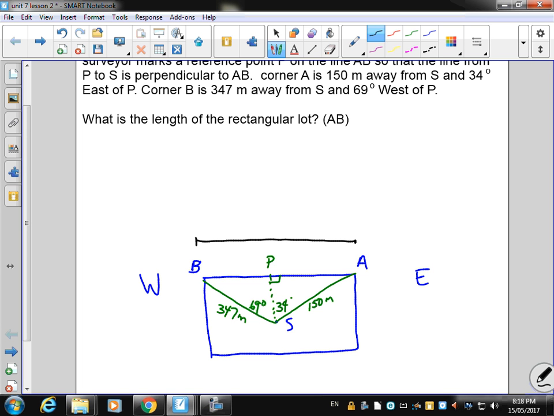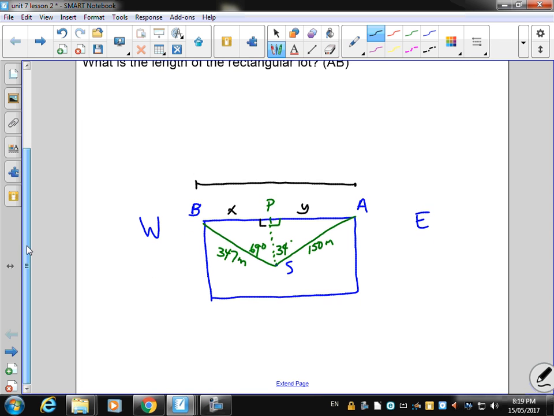So what I see is that I have two right angle triangles. If I could find this distance, I'll call it x, from B to P, and I find the distance from P to A, I could find the total distance, x plus y. So let's do one triangle at a time.